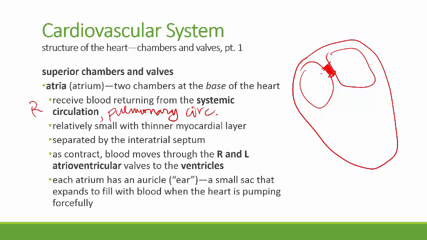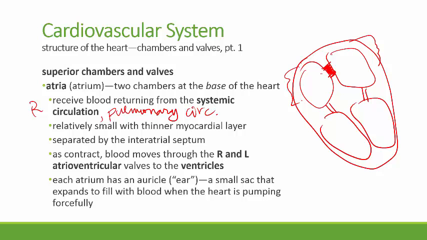As they contract, the blood moves toward the apex of the heart and into the much larger ventricles. Each atrium has a little extra expandable flap to it called the auricle, and it's just a small sac that can take additional blood if the heart is really pumping forcefully.